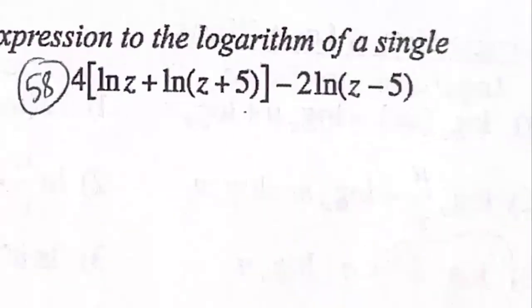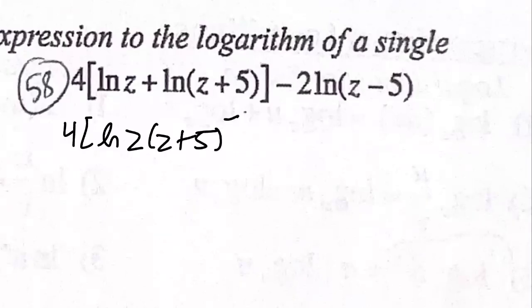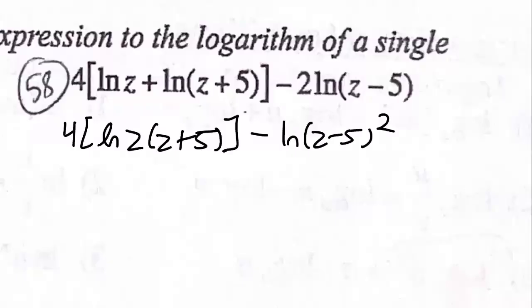you're going to have to do the distributive property first. Well, technically, you don't necessarily have to, because you can write this as 4 bracket ln of z plus 5 bracket minus ln of z minus 5 to the power of 2. Then you're going to do the power rule.